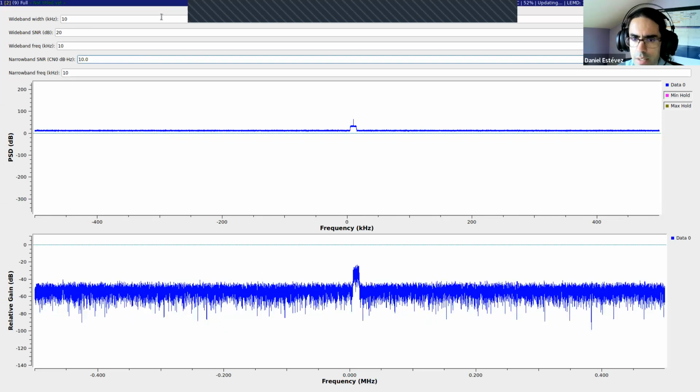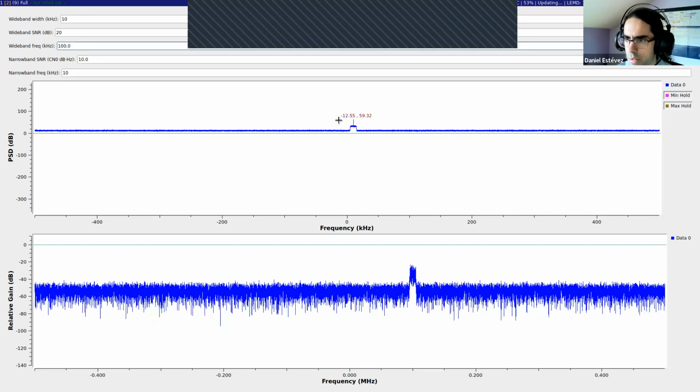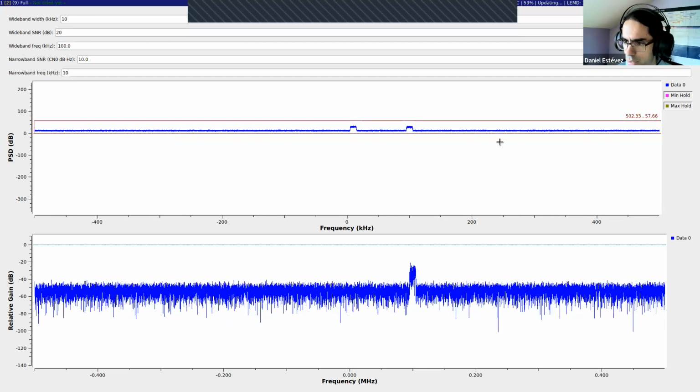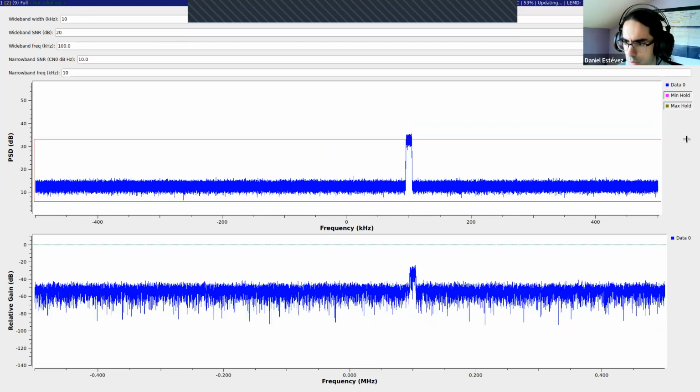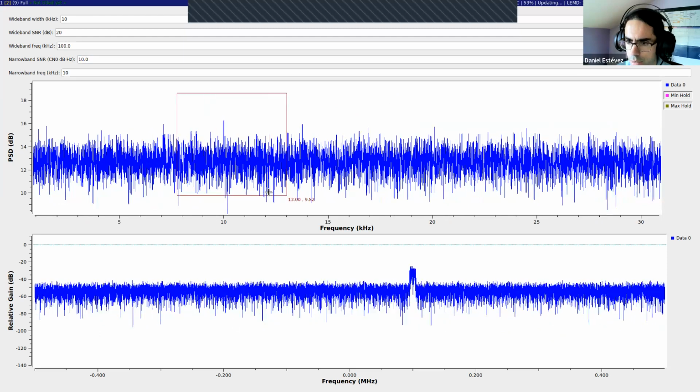So let's try again. Frequency for the wideband, to move this out of the way, and let's wait for this. There it is.